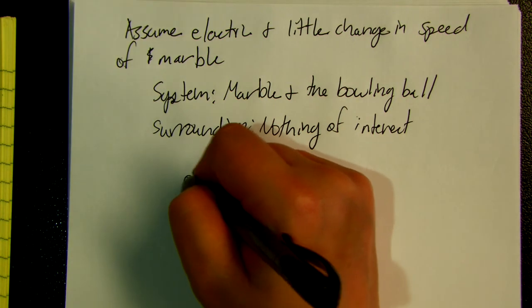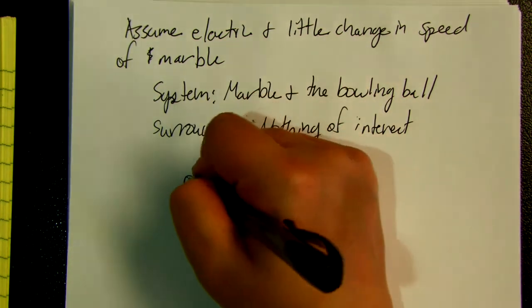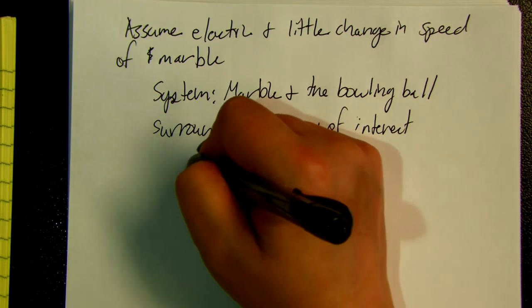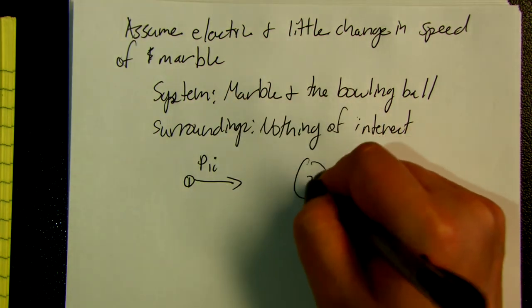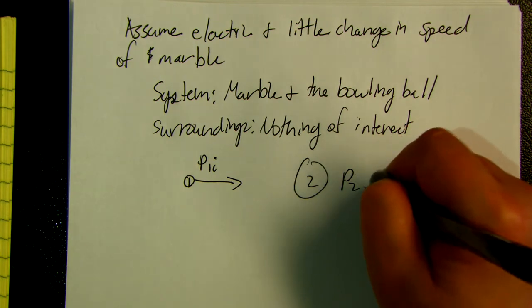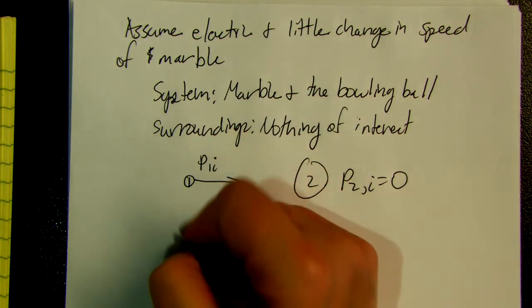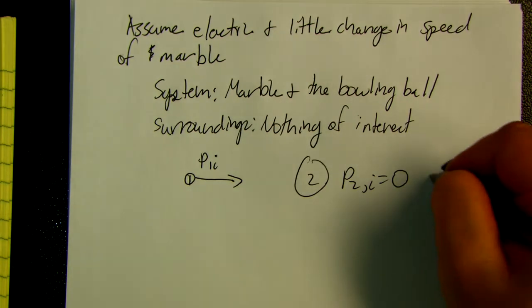Okay, so we've got our marble, P, with initial going towards the bowling ball. And that's the initial.